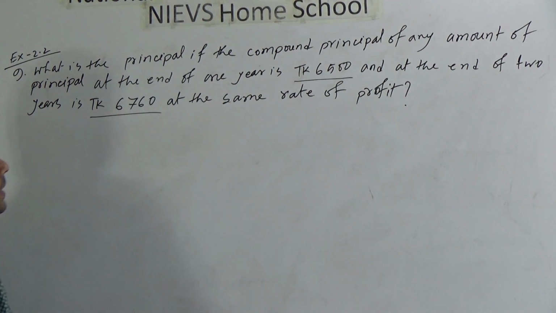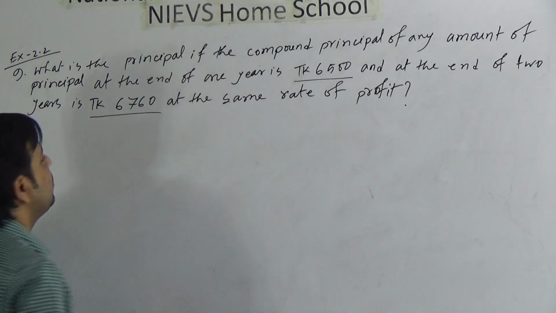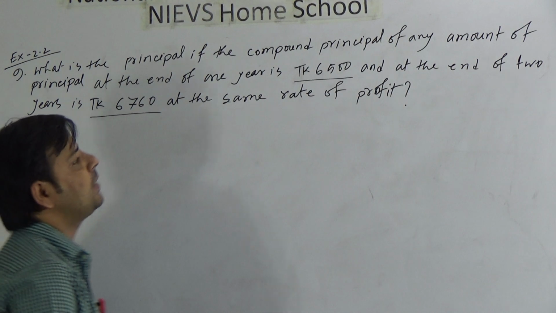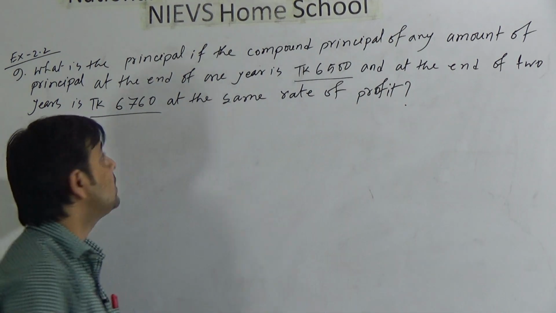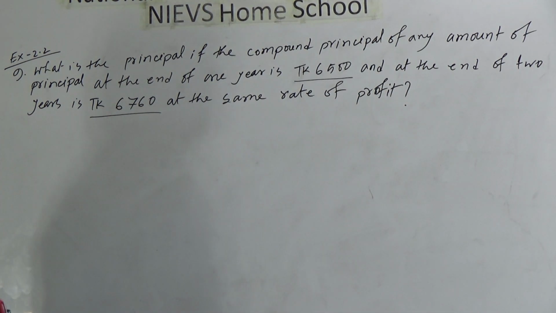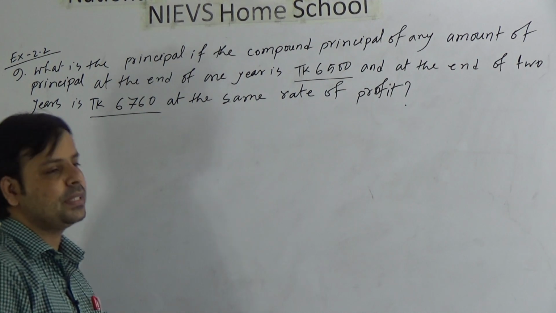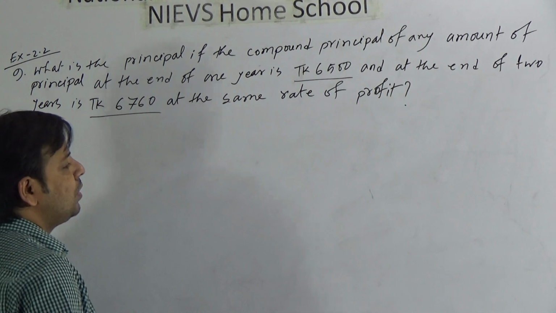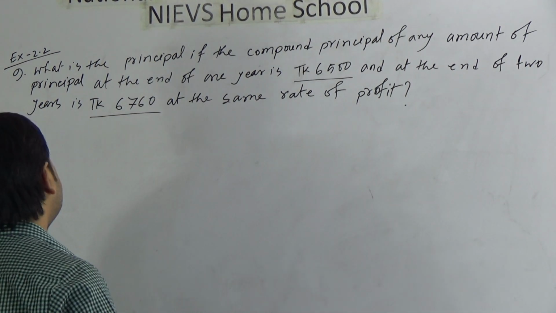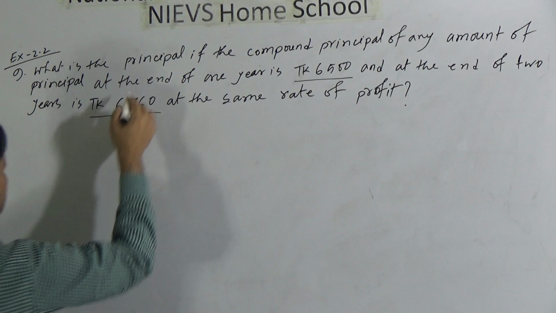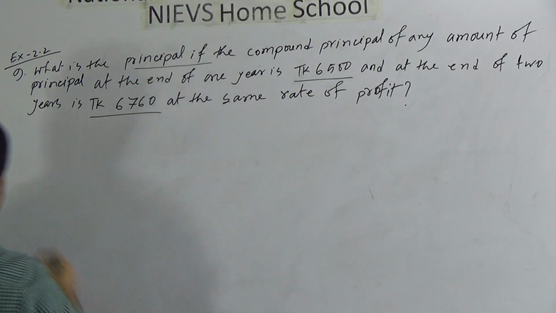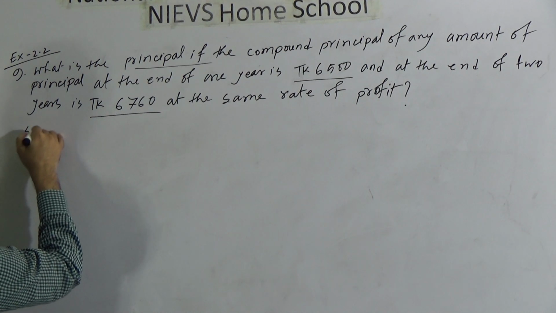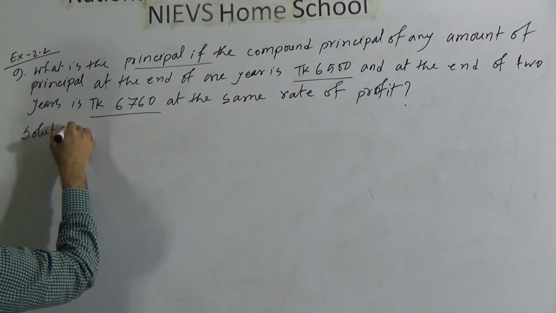Solving those two equations, we will get the amount of principal. The rate of profit is the same here, so there is no need to determine the rate of profit, as only the principal we need to determine. So we can write here solution.